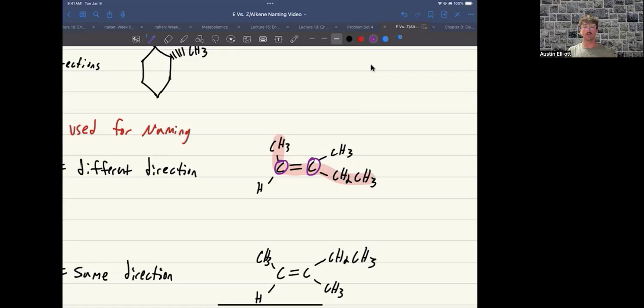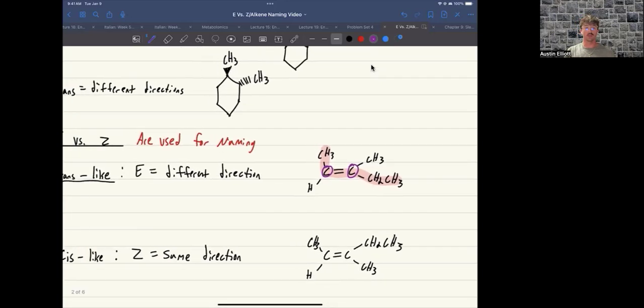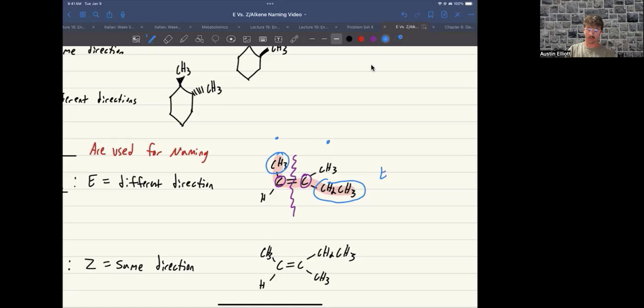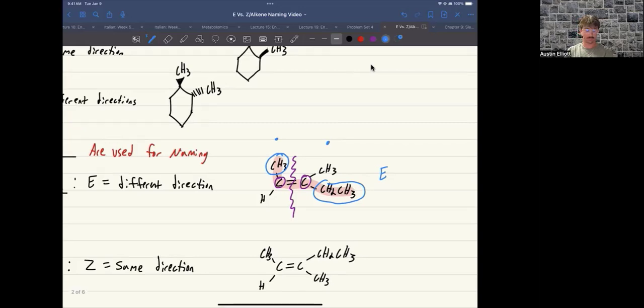Now, when we want to do E versus Z, we look at the groups attached to each side of the double bond. So you can kind of split the double bond like this, and then compare the groups. On this side, our CH3 group is larger, and on this side, our ethyl group is larger. So this would have the E designation for different directions of the largest groups.